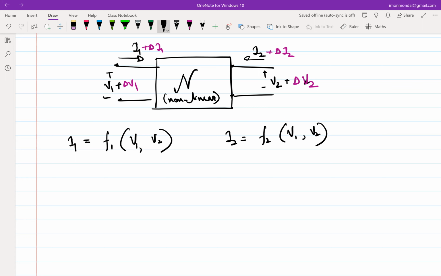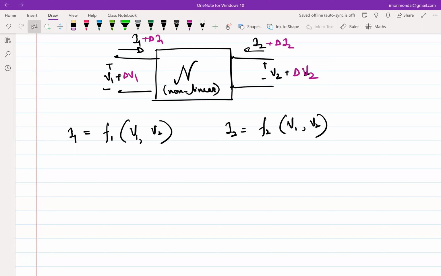We have dealt with this enough to figure out how to evaluate these. So let's do it one more time. What will be I1 plus delta I1? And if I do a Taylor series of this, what will I get?